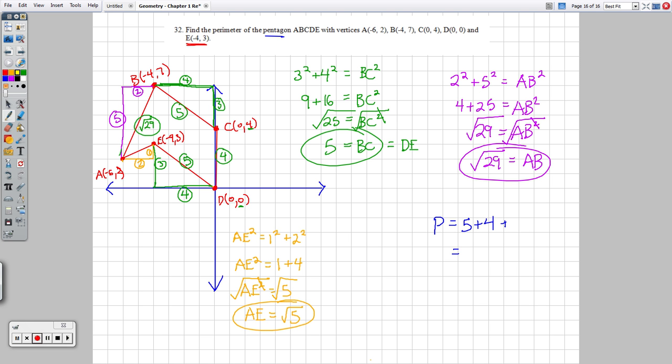So I'll highlight these things now. Putting this together with this value, and then that was the square root of 5. So that one, I'll write that in a second. This was a square root of 5 right there.